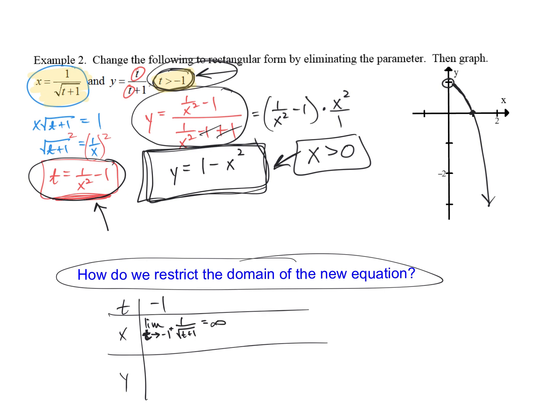Okay, what about the y-coordinate? The limit as t goes to -1 from the right of t over t plus 1. What's that go to? Negative infinity, yeah, because the bottom, again, is very, very small, but then you're putting a negative on the top there.